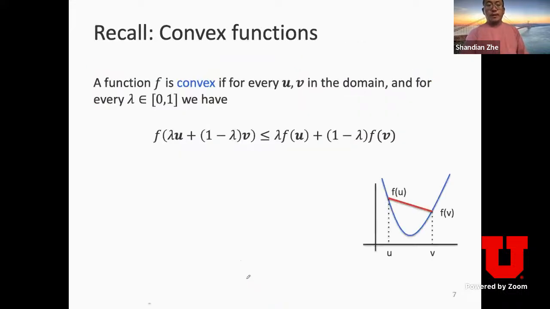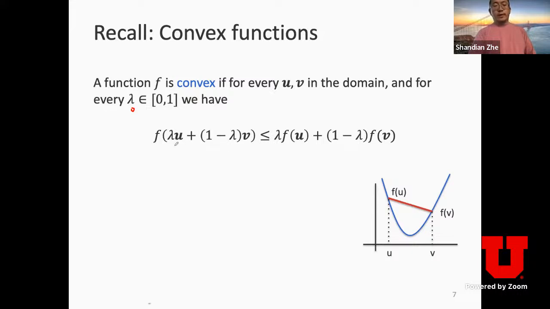Okay. So this is just the definition of convex functions. I believe everyone's familiar with that, so I'll just read through it. A function f is convex if for every two points in the domain and for every lambda between 0 and 1, we have this convex inequality.